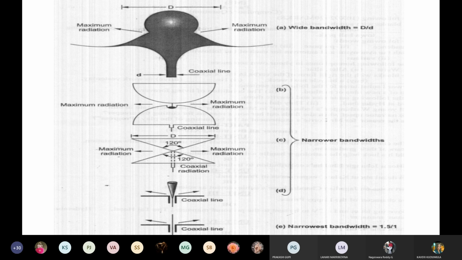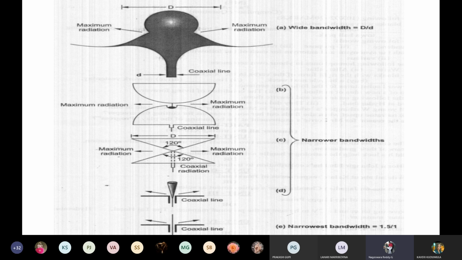Figure A shows the cutaway of the antenna formed by gradually tapering the inner and outer conductors. Figure B shows the change of volcano form into double dish.